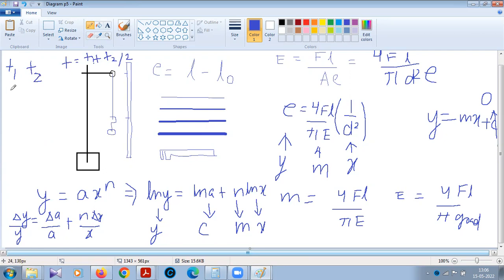Suppose error in t1 is given as plus minus 0.1 second, and error in t2 is plus minus 0.1 second. Then what will be the error in this t? Error gets added up, whether we are adding, subtracting, multiplying or dividing the quantities. So here the error will be plus minus 0.2 seconds.